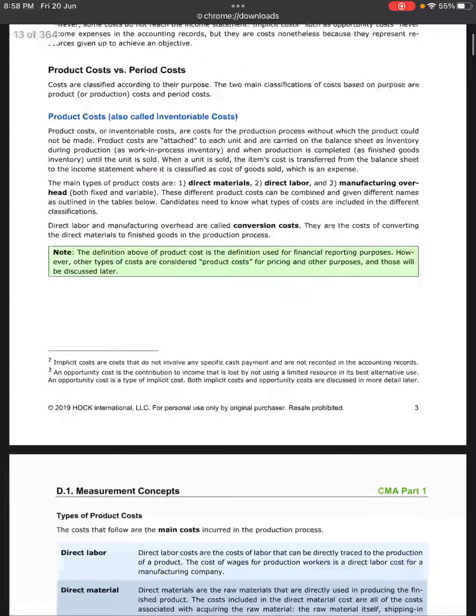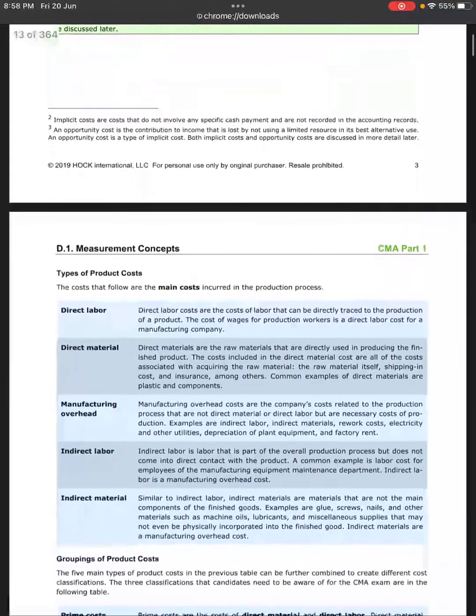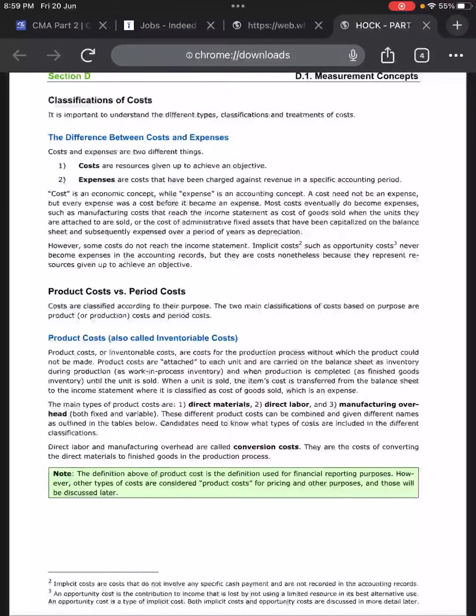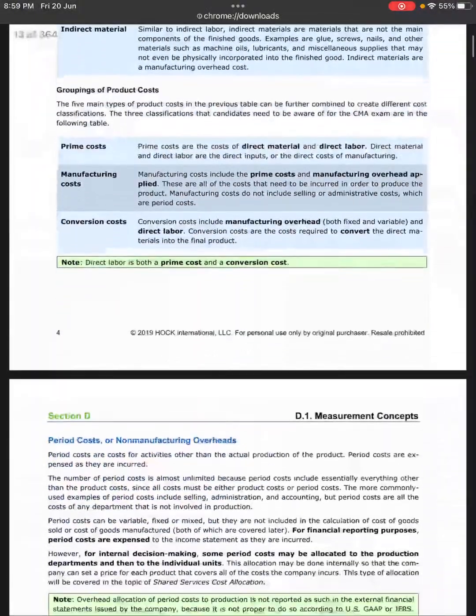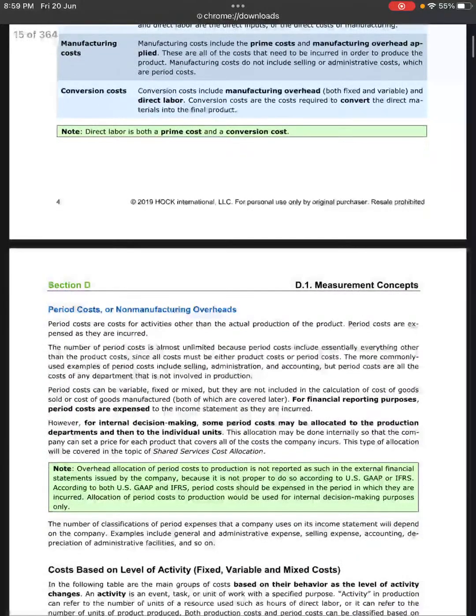And period cost. If we want to know the period cost, what is mentioned here? This period cost is mentioned here. Period costs are costs for activities other than production of the actual product.